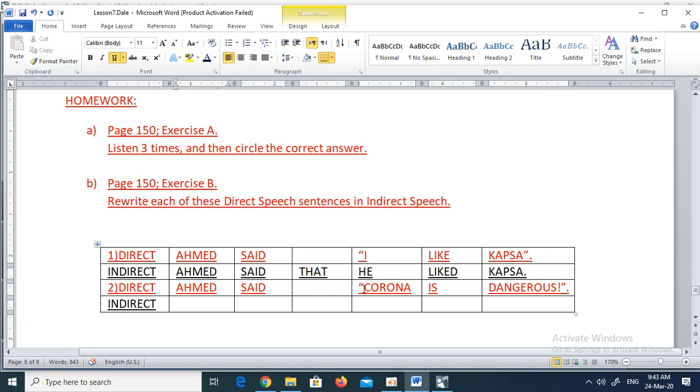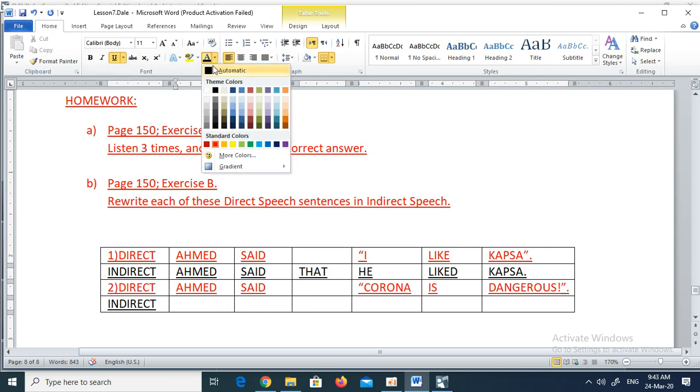And because it is exactly his words, and because it's direct speech, you use the two inverted commas to open and close the direct speech. The one set of inverted commas before corona, the other set after dangerous.